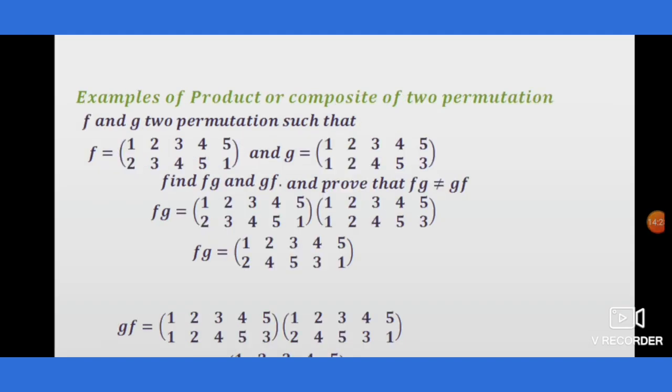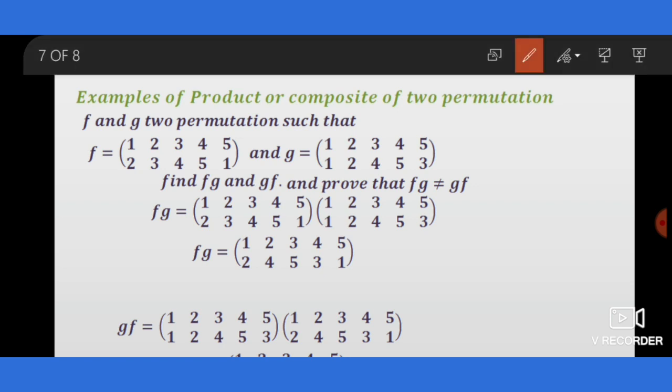For an example of the product or composite of two permutations, let f and g be two permutations, f equal to this and g equal to this. Find fg and gf and prove that fg does not equal gf. Now the product of the two permutations fg equal to this.